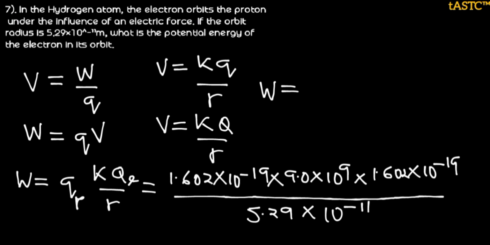So that is going to be 1.602 multiplied by 10 to the power of negative 19. This stuff is going to be squared. And so we're going to have this multiplied by 9.0 multiplied by 10 to the power of 9, and this will be divided by 5.29 multiplied by 10 to the power of negative 11.